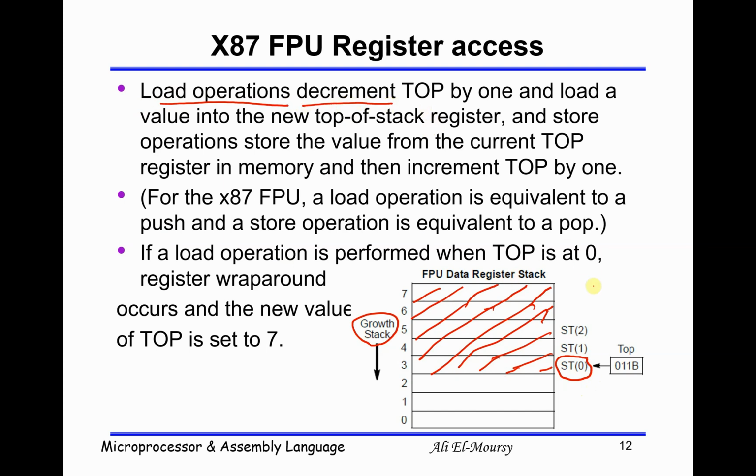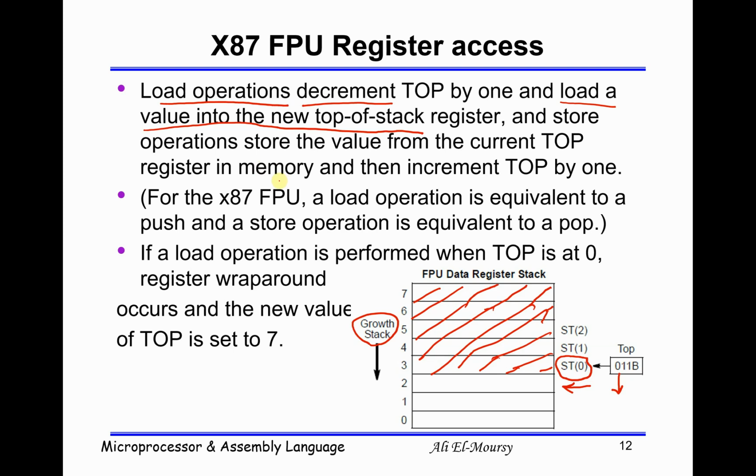So shift the top of the stack one place down in order to point here, take the data from the memory, and load the value into the new top of the stack register. And the store operation will do the opposite, as we will see in the next instructions.